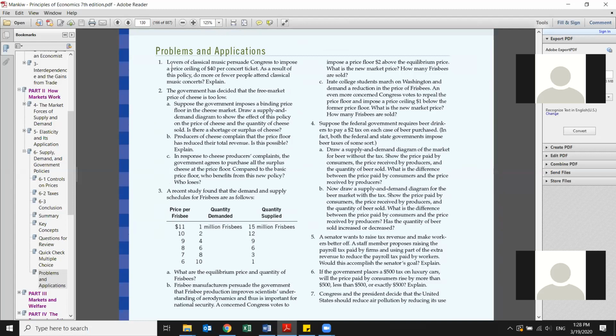Now, the lovers of classical music persuade Congress to impose a price ceiling of $40 per concert ticket. As a result of this policy, do more or fewer people attend the classical music concert? So in here, please think and write it down.